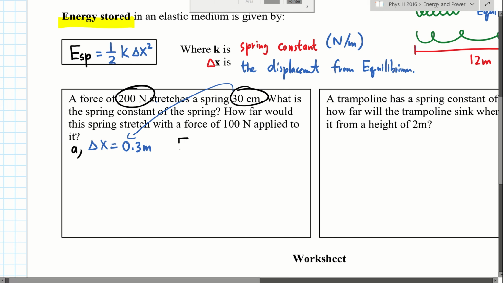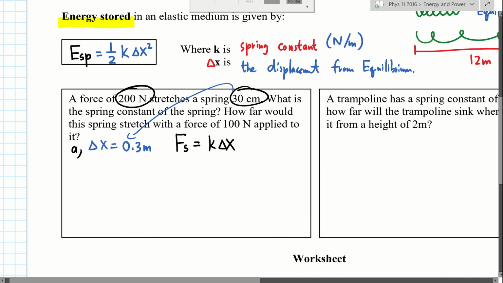Okay, so now let's use that equation. How much force do we have? We have a 200 Newton force. This is the force equation, which is negative K delta x. Technically, when you use that equation, you don't have to put the negative in there. The negative is just there to tell you that the force will be opposite to what you did to it.